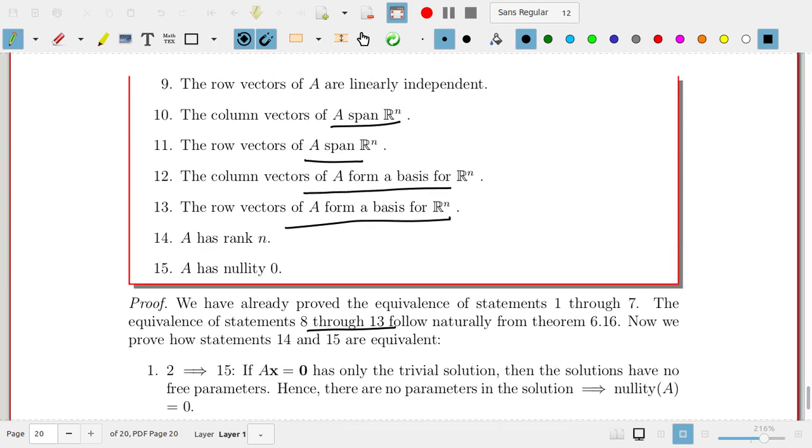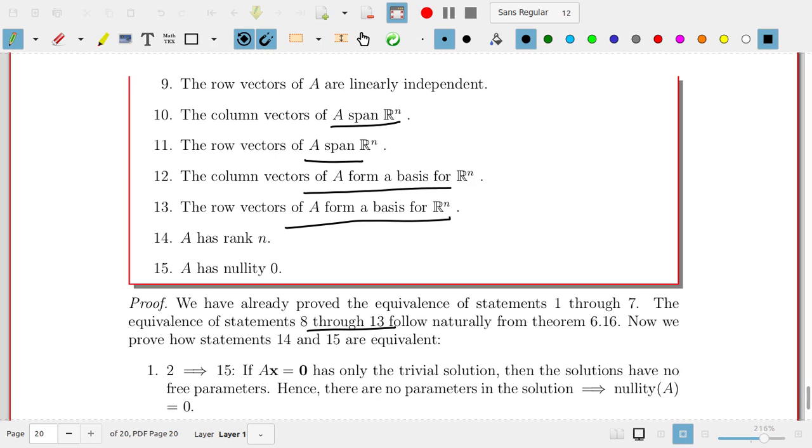If Ax equals 0 has only the trivial solution, then the nullity of A is 0, because there are no free parameters left to form a basis for the null space, right?